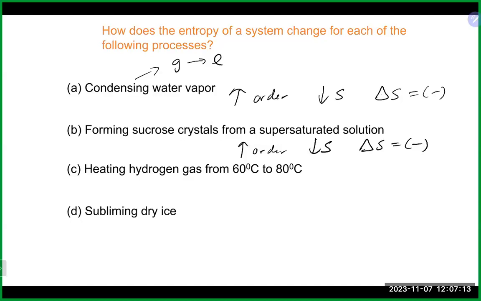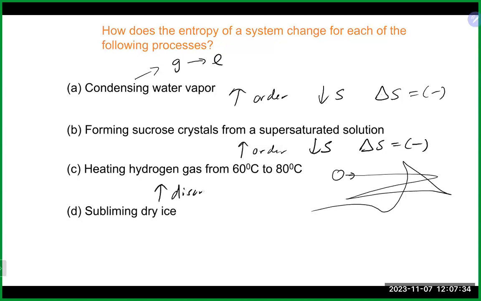When we heat hydrogen gas from 60 to 80 degrees, we're increasing the temperature, which means our gas molecules should now be flying around a lot faster. Just visualize it flying around your face, a lot faster. That's going to create a lot more disorder, so that's going to increase the disorder.